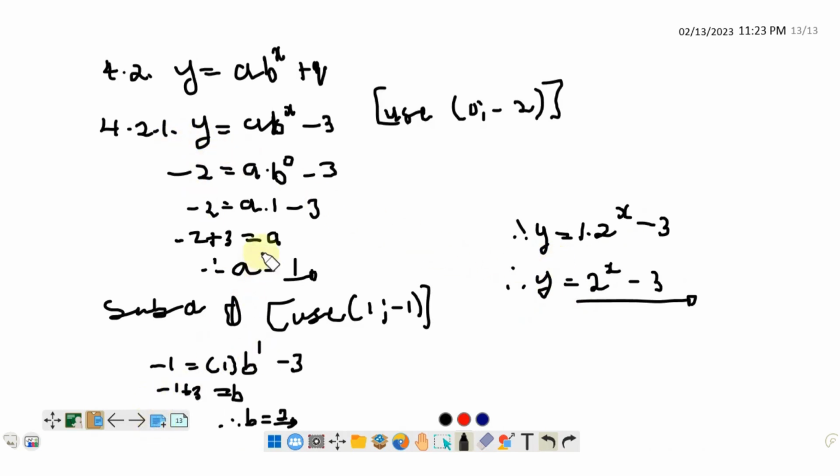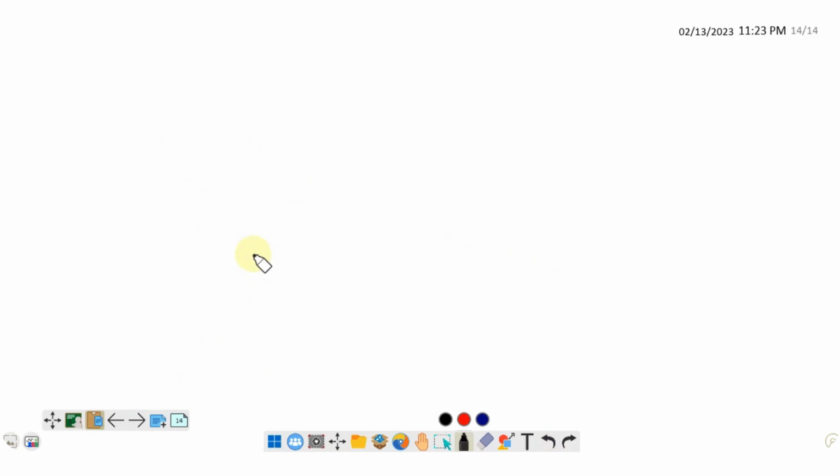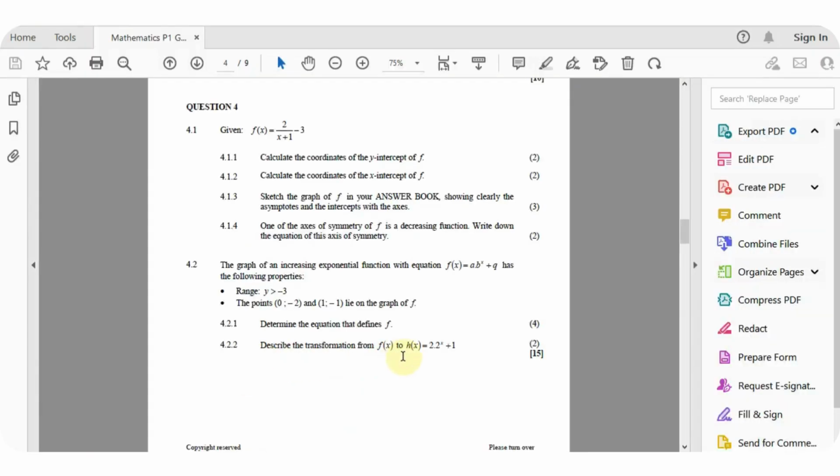4.2.1. Let us go to 4.2.2. Okay. Describe the transformation from f to h, if h is 2 multiplied by 2 to the power x plus 1.